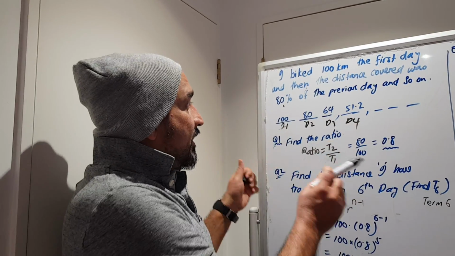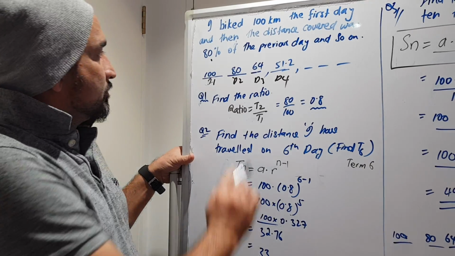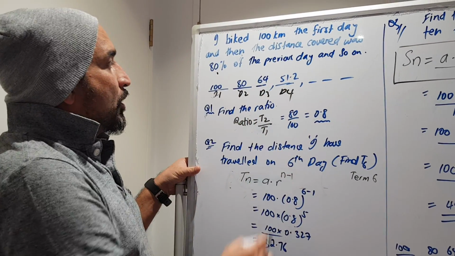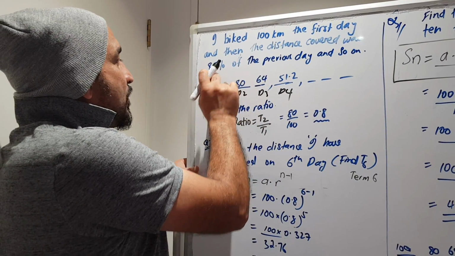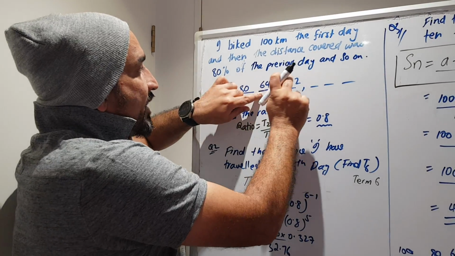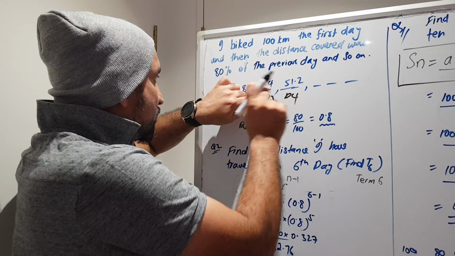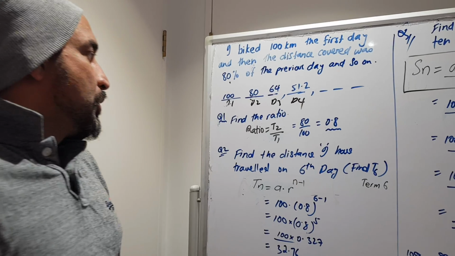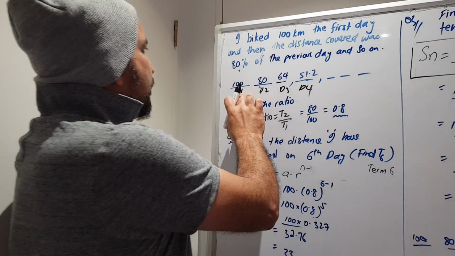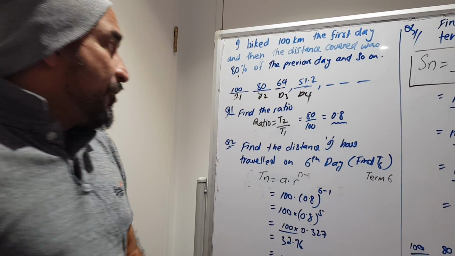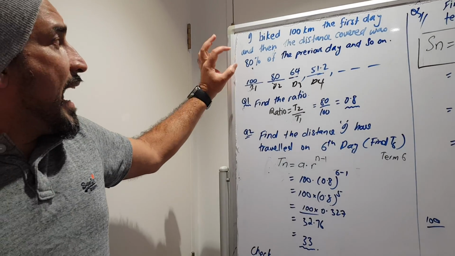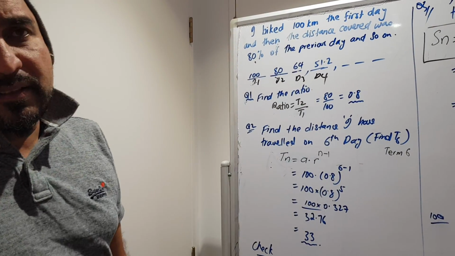So basically this is the pattern that's forming: 100, 80, 64, 51.2, because 80% of 100 is 80, then 80% of 80 is 64, then 80% of 64 is 51.2. Once you find a few values, if the question is to find the ratio, we know that the ratio is 80%, which is 0.8.